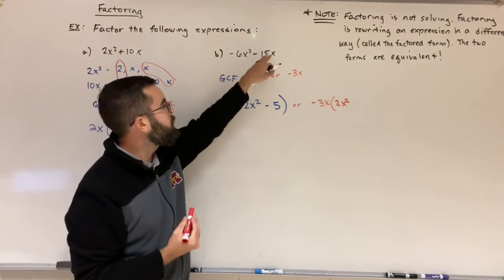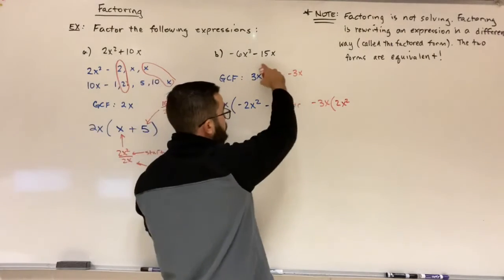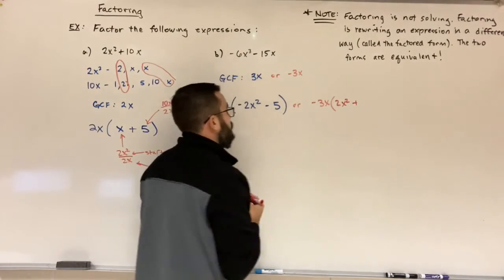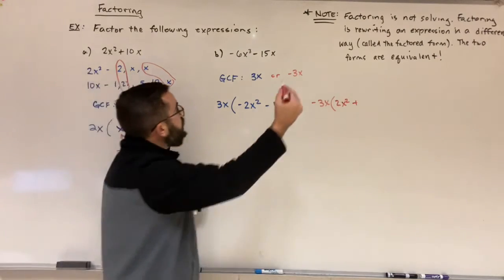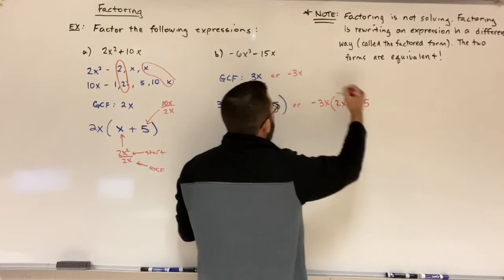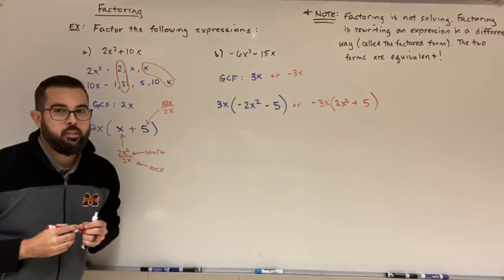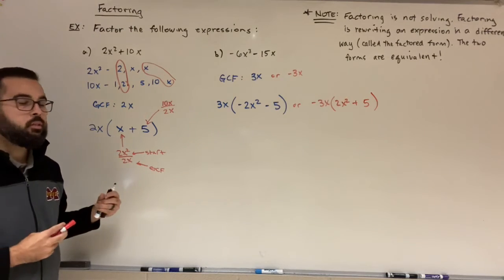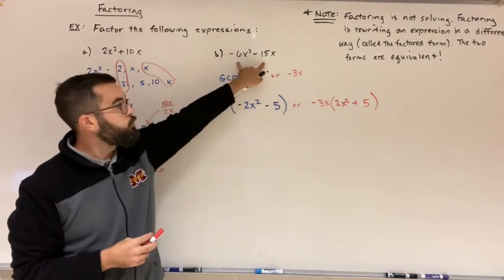Now, same thing with the second term. Negative 15x divided by negative 3x. Negative divided by negative is a positive. And then 15 divided by 3 is 5. And x divided by x, those cancel out. And there's the factored form. So both of those are the same thing as this form right here.